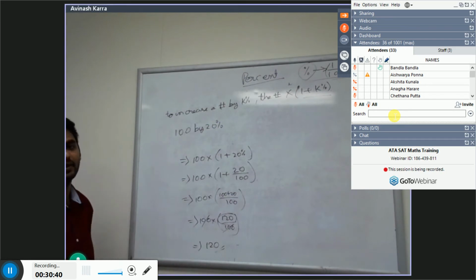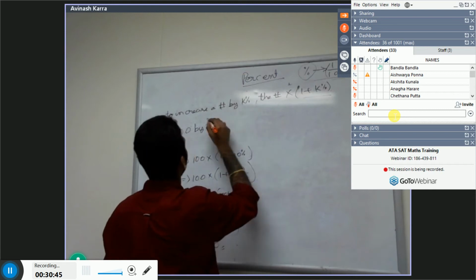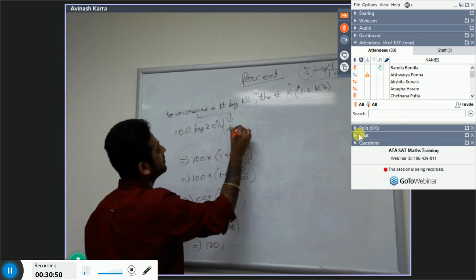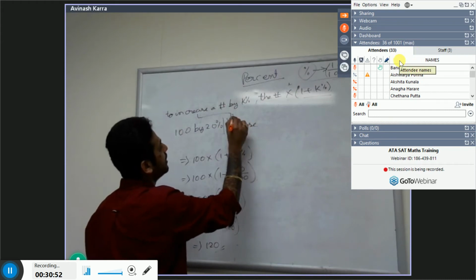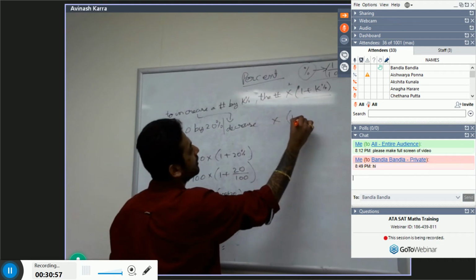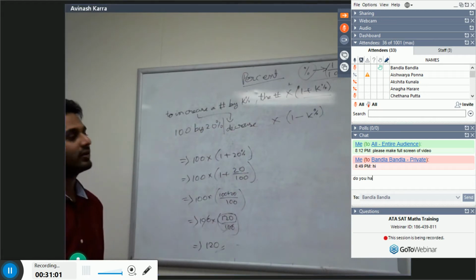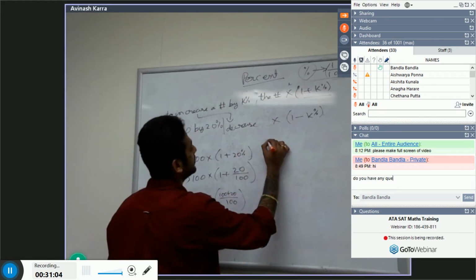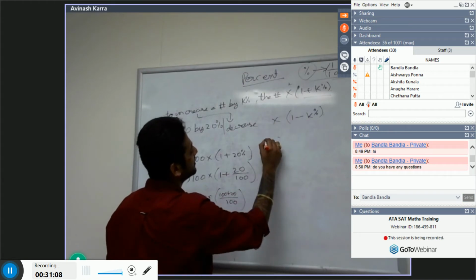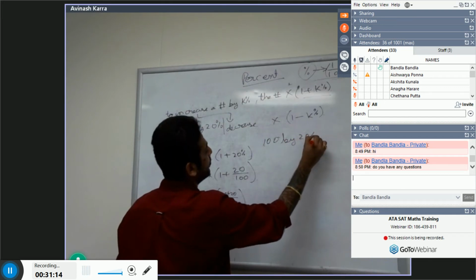120. The same way, if you decrease the number by k%, then the number should be multiplied by 1 minus k%. Can you guys do it? If you want to decrease 100 by 20%, what is the answer?